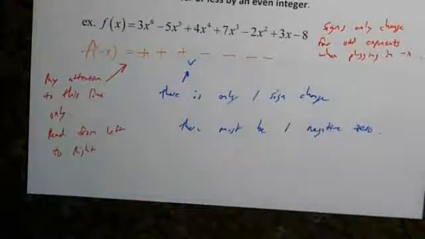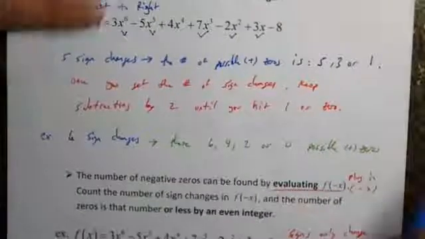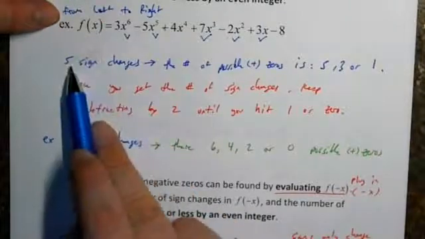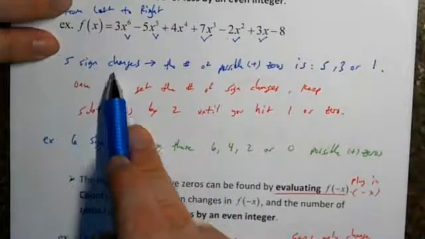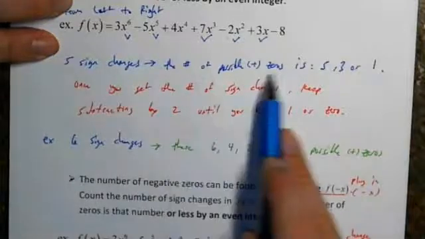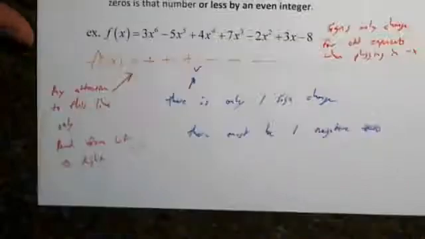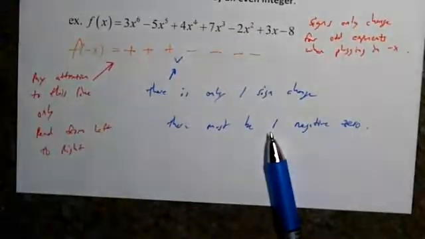Okay. Now look, that's what we just talked about. This is the same function, I believe. It's the same function. Okay, so I had 5 sign changes when I was looking for positive zeros. So the number of possible positive zeros is 5, 3, or 1. The number of possible negative zeros is just 1.